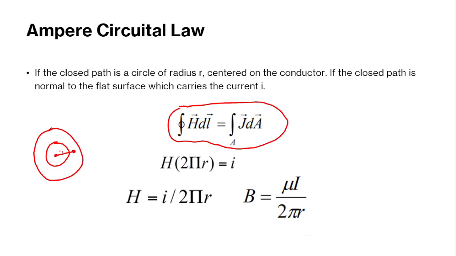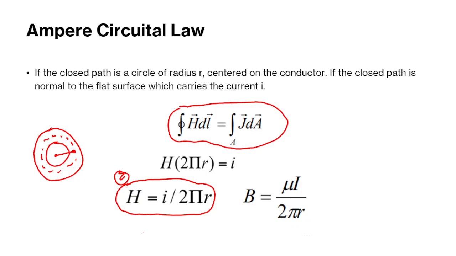This is L, remember the L for our circle is 2 pi r, right? So it'll be H times L, and the right side is just I. It's the current density, so if you integrate the current density, you get the current, right? If you make H the subject of the formula, you end up with a nice equation for H. So H is equal to I over 2 pi r.